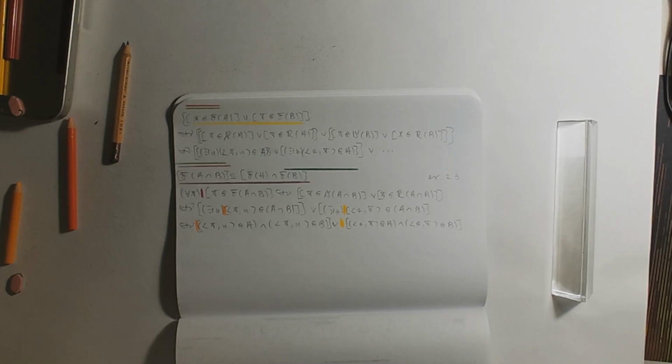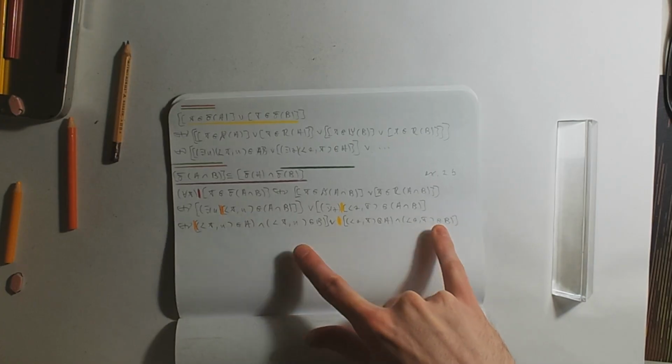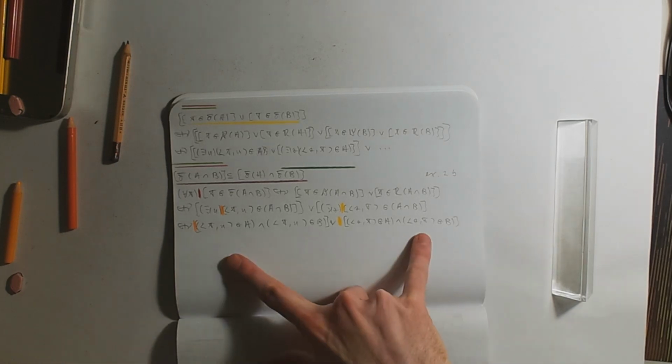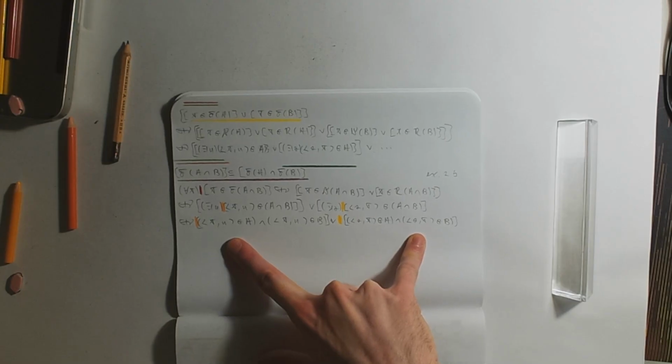So I think probably we have to distribute this, and the reason we have to distribute this is that we have to get these two terms together and these two terms together. Though we will also get these two terms together if we distribute.